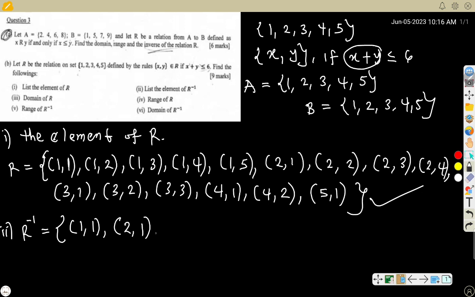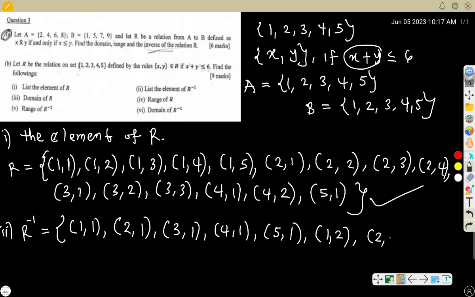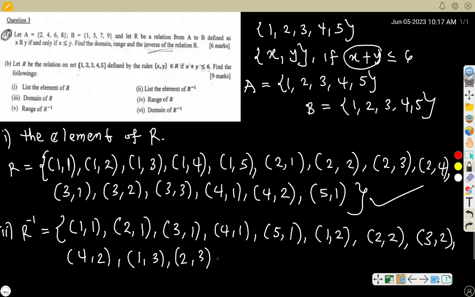So this is 2 comma 1, 3 comma 1, 4 comma 1, 5 comma 1, 1 comma 2, 2 comma 2, 3 comma 2, 4 comma 2, 1 comma 3, 2 comma 3, 3 comma 3, 1 comma 4, 2 comma 4, 1 comma 5.